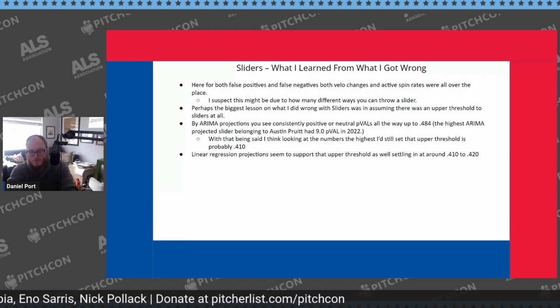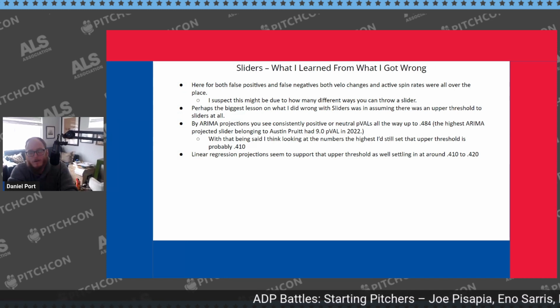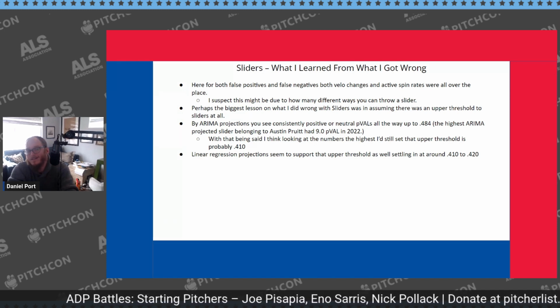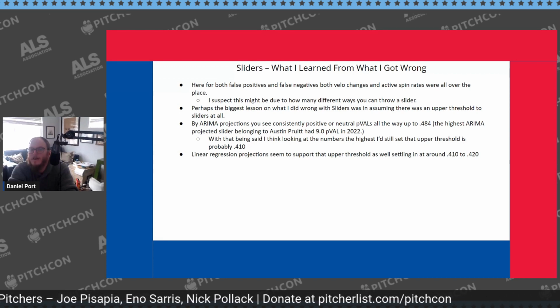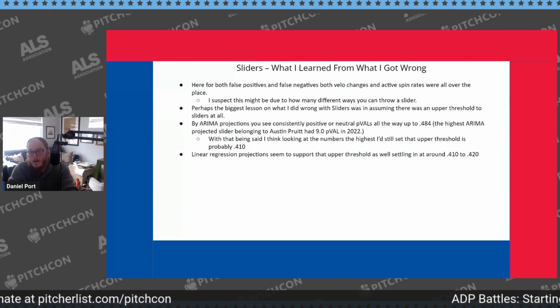I have a feeling if I went back, scrambled them up again, and did it with that in mind, I'd probably do close to that 67%. I'm almost positive I would. Now, it's also worth noting, going back to the linear progression projections, which I mentioned tend to be a little more conservative, they seem to indicate that upper threshold would be right around 0.410 or 0.420.